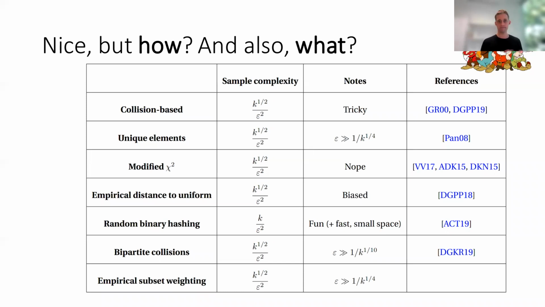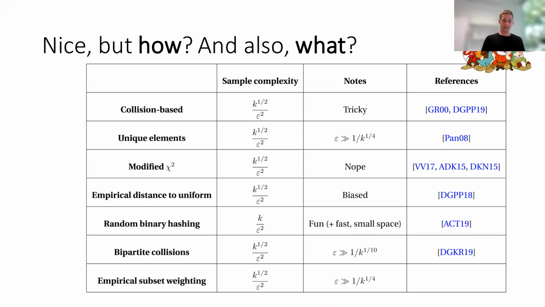There's also a reason for that you're going to see, but this is a limitation of the algorithm. Then there's the modified chi-square. Statisticians among you, that might ring a bell, at least the chi-square part, maybe not the modified. It achieves the optimal sample complexity. There is basically no downside to it, and it works.